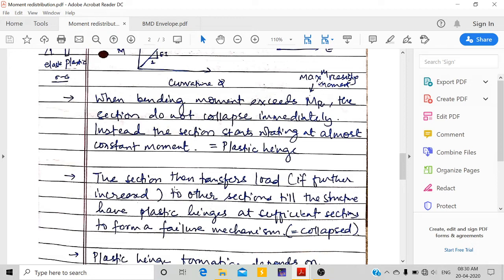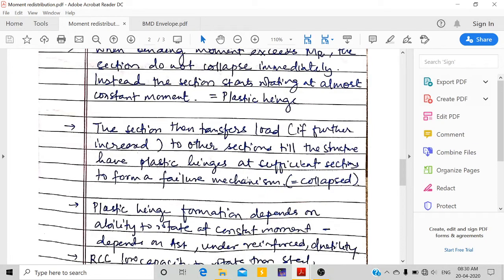If there are two spans and three supports, the first hinge will form at the support, and then the next hinge will form at the spans, because from the support it is redistributing to the span. When three hinges form, only then will the two-span continuous beam collapse. So when a sufficient number of plastic hinges form, it will fail.